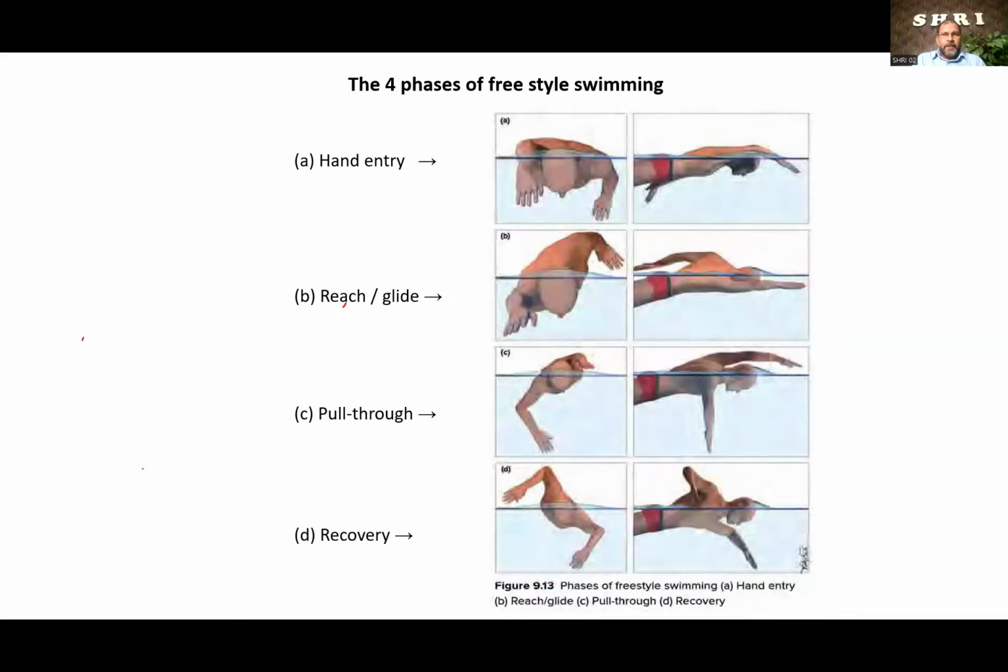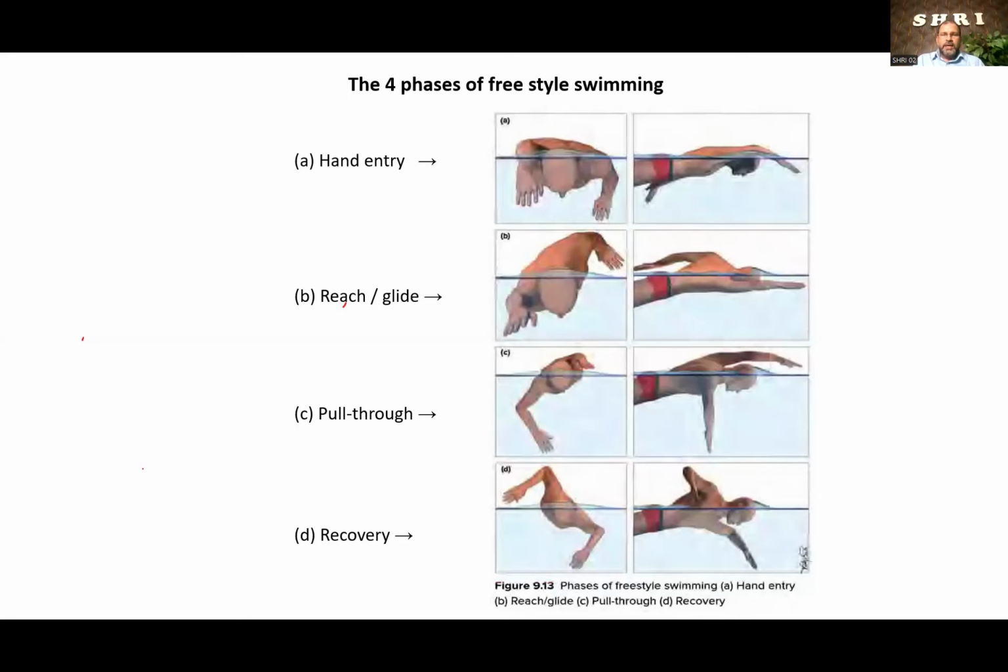Hand entry. On the right side there are pictures, you can see from the lateral side and from the anterior side, like you see in the X-ray. So the hand entry is how it enters into the water, and the second phase is reach or glide, where you glide into the water. The third phase is pull through, where you pull through the water for propulsion.